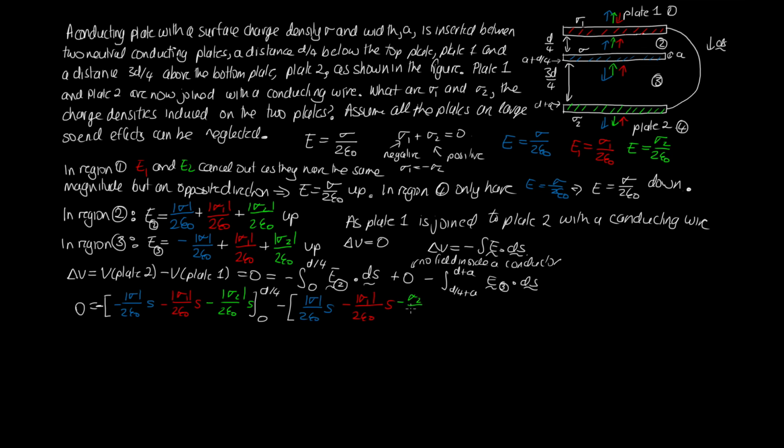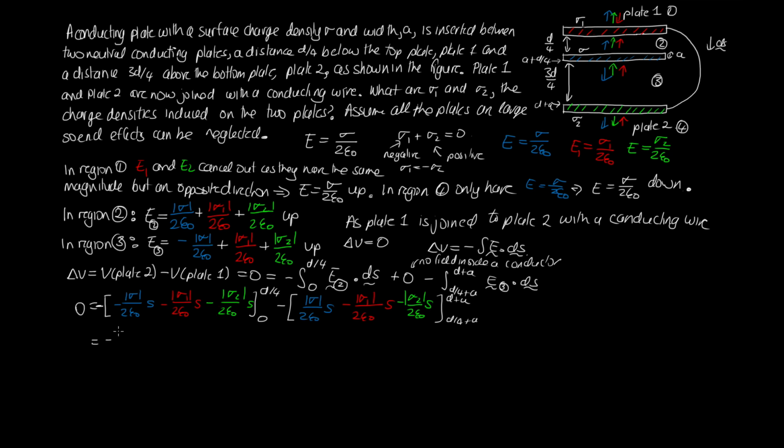Minus sigma 2 over 2 epsilon naught s. And this is going from d on 4 plus a to d plus a. So now we can sum these into the limits on our integral.